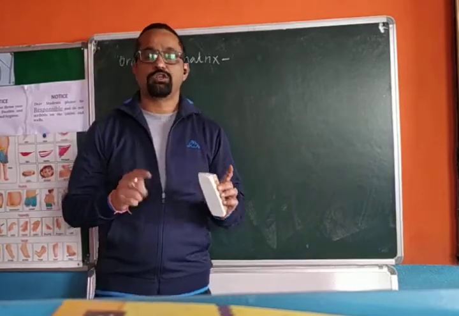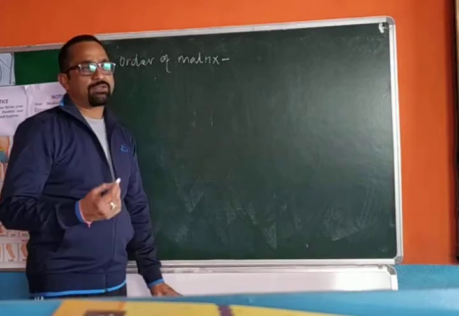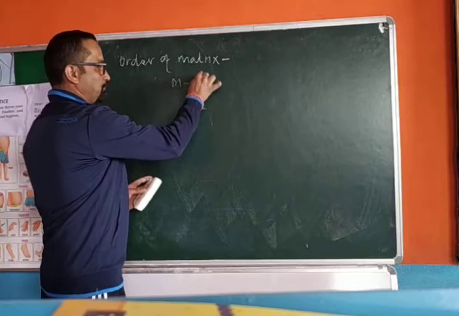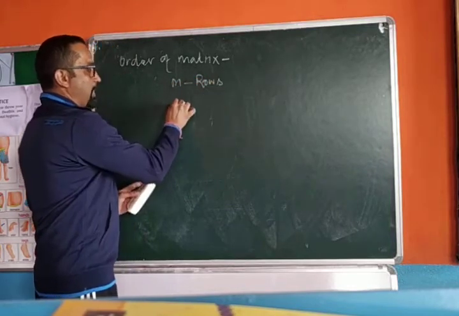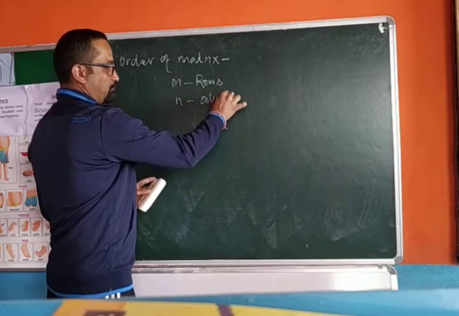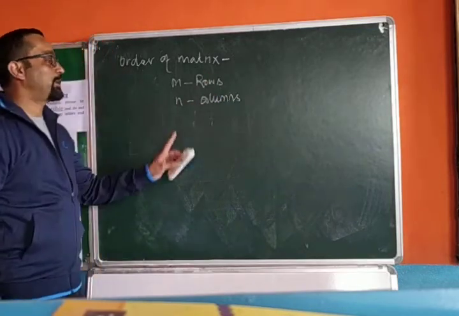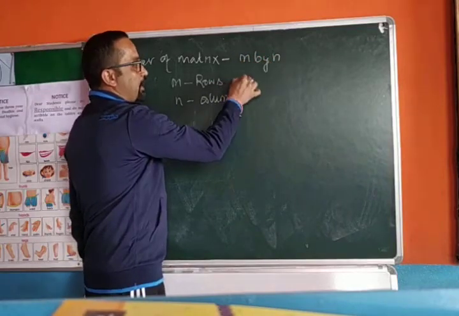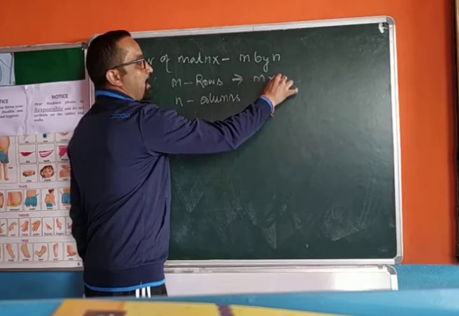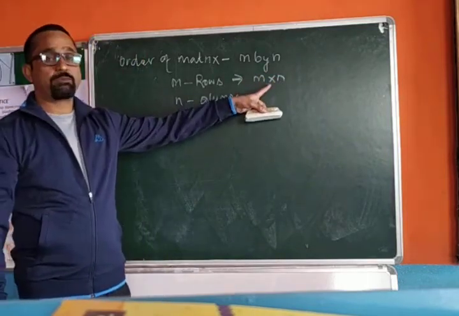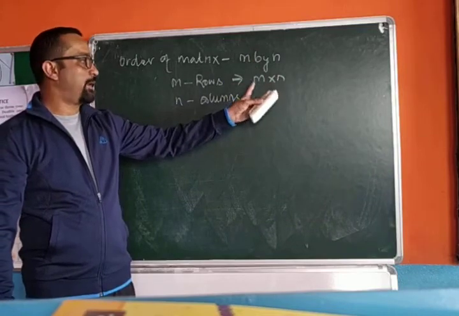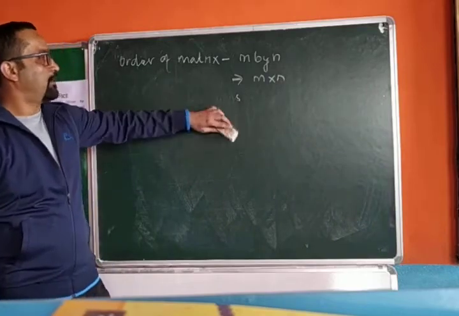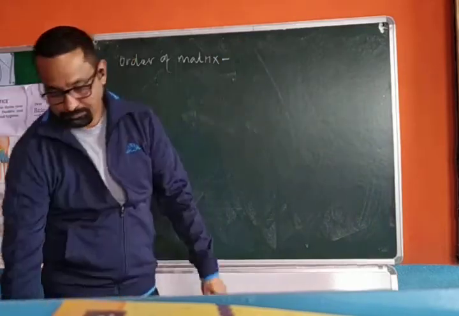Suppose you consider a matrix which has m rows and n columns. Then we can find the order by m by n, or we can write this as m cross n. This is not multiplication, it is read as 'by'. M stands for rows, n stands for columns. We'll understand better with one example.